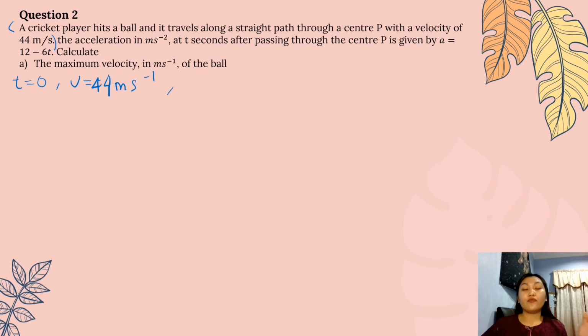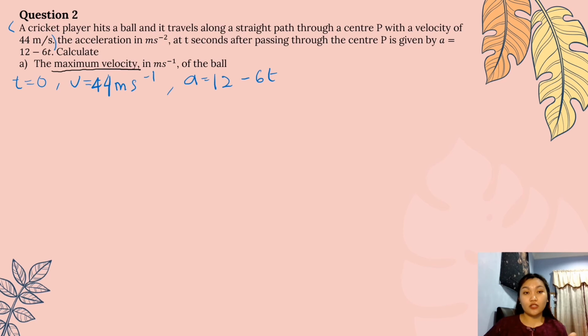So that's the first two pieces of information. The second is the acceleration. We are given the function of acceleration, which is equal to 12 minus 6t.